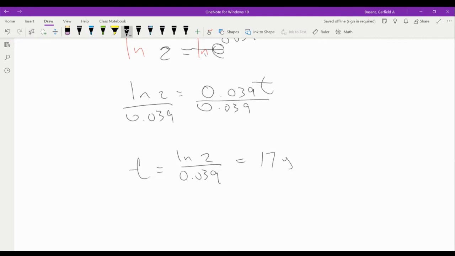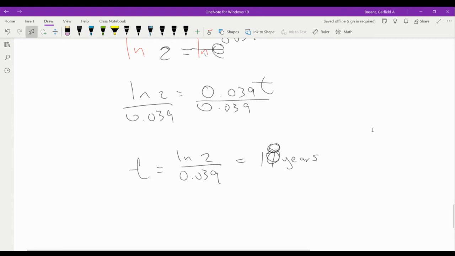So it takes you 17 years to double your money. 3.9, Samir, you sure? 18. Which is it, 17 or 18? 18. So let's just change this to 18. It's probably 17 point something.